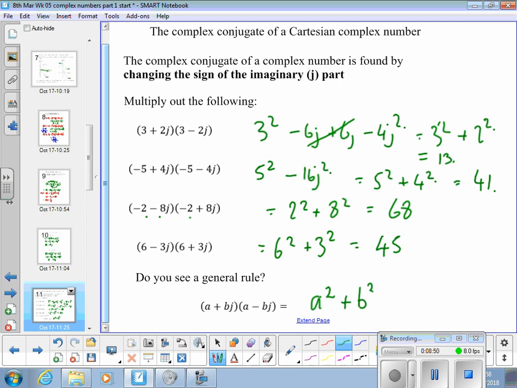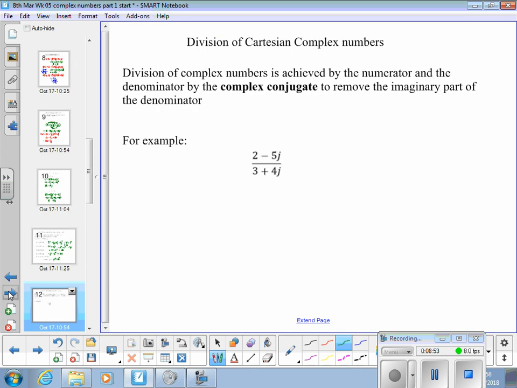Alright? So, the reason for doing it: division of complex numbers. So we're going to divide 2 minus 5j by 3 plus 4j. The way we achieve that is that we have to multiply the numerator and the denominator by the complex conjugate of the denominator, because what that'll do is make the denominator a constant.